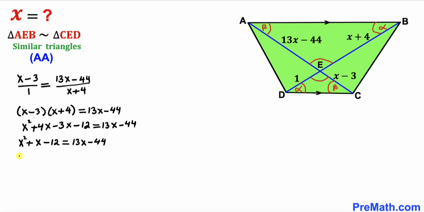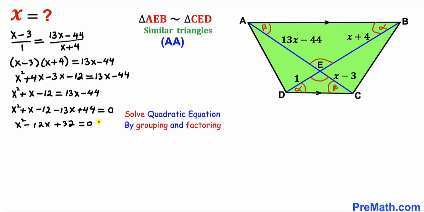So this is going to become x squared plus x minus 12, and this is going to become negative 13x plus 44 equal to 0. Combining like terms gives us x squared minus 12x plus 32 equal to 0.